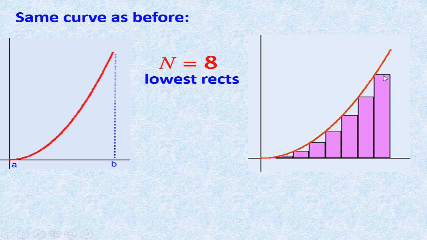The area below the curve and above the x-axis is the sum of these triangles and these rectangles. But this is difficult.